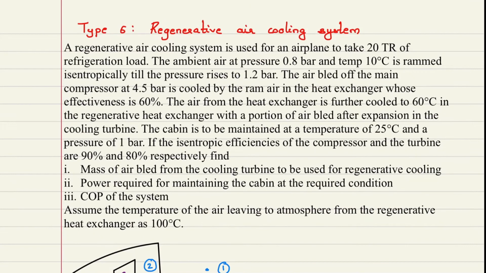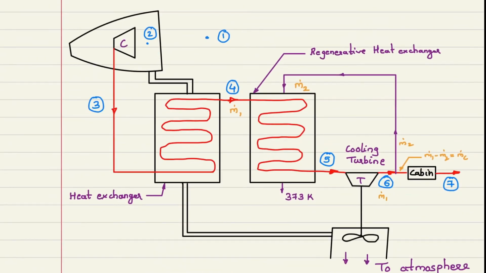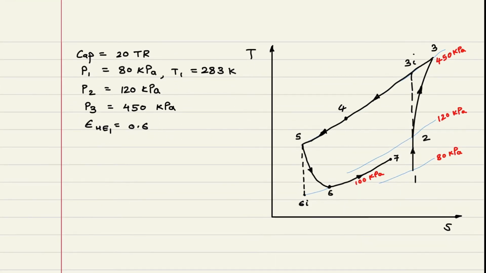So what is the temperature given over here? It is further cooled to 60 degrees Celsius. So what is this 60 degrees Celsius? It will be the T5 temperature. So T5 is equal to 60 degrees Celsius plus 273, 333 Kelvin.